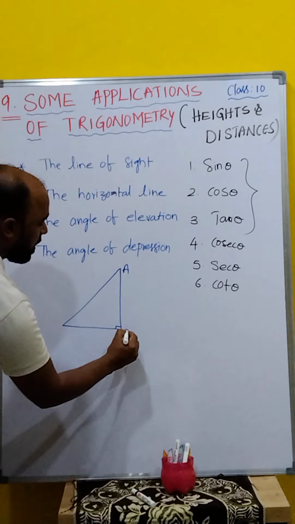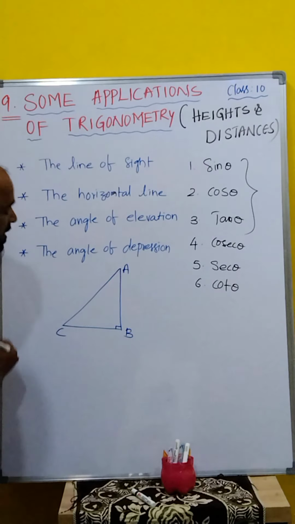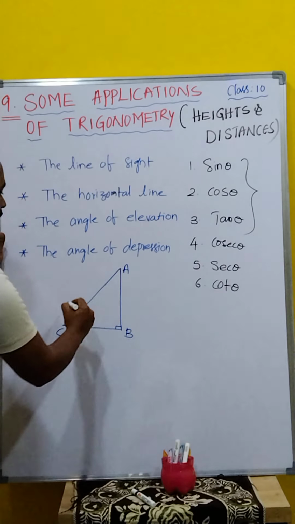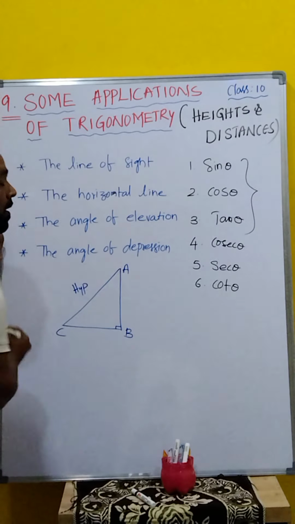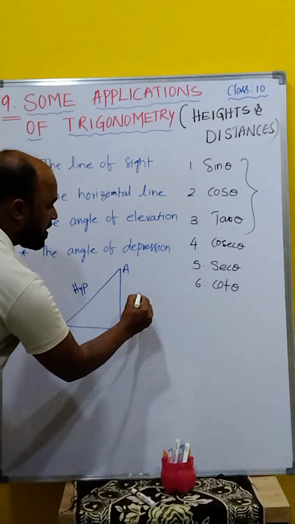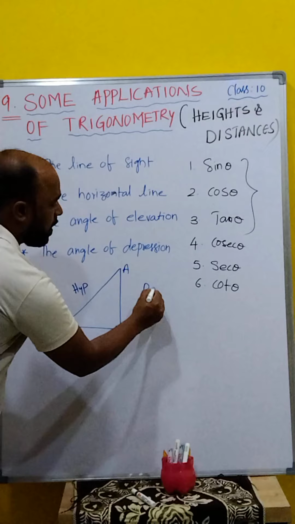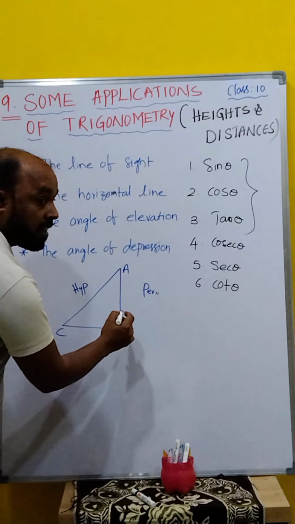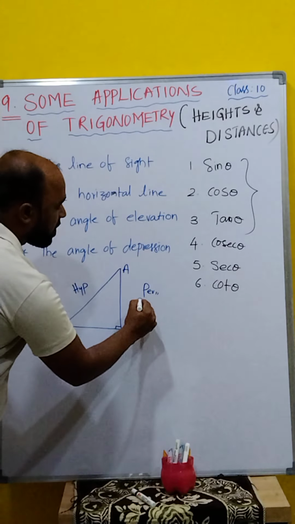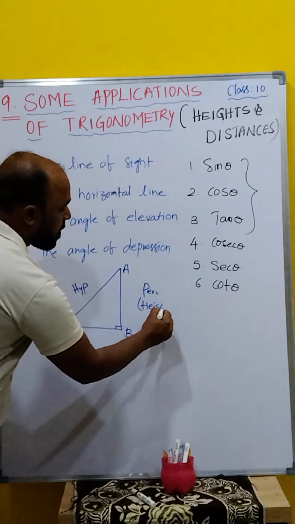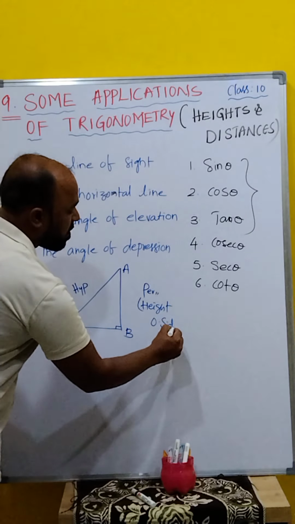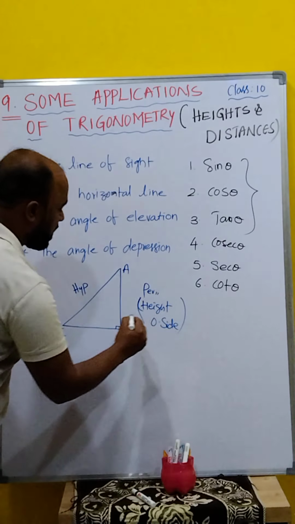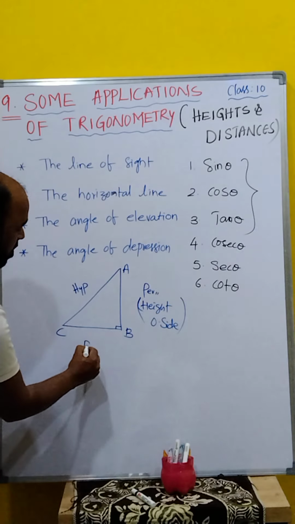Suppose triangle ABC is a right triangle at B. Then according to this, what is here? Hypotenuse. And what is here? Perpendicular, or height, or you can say opposite side. Next, what is this one? Base, or adjacent side, or you can write AS directly. AS is nothing but adjacent side.